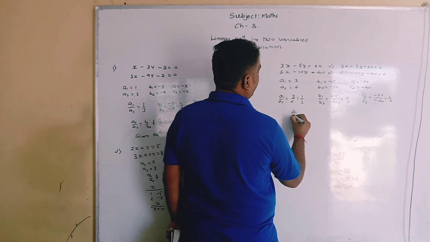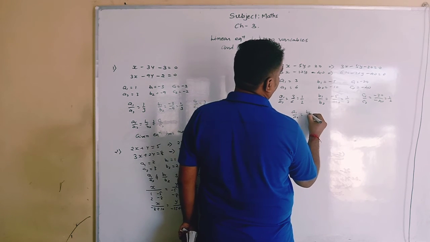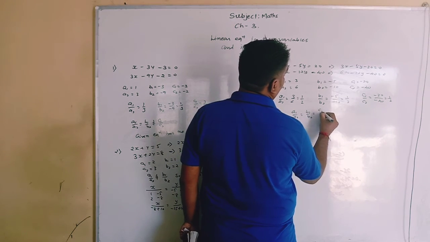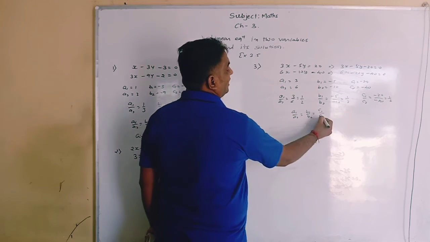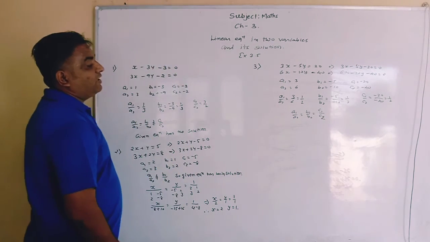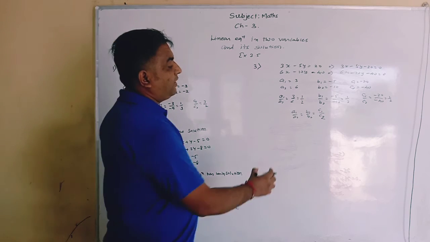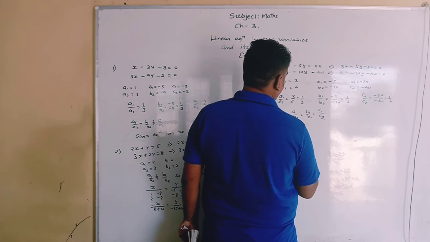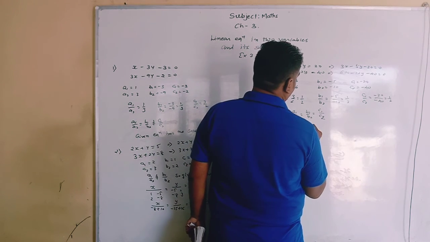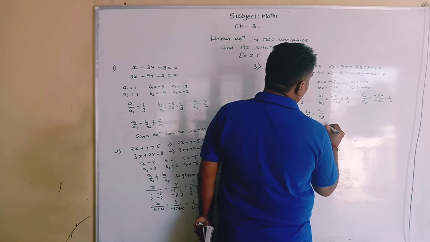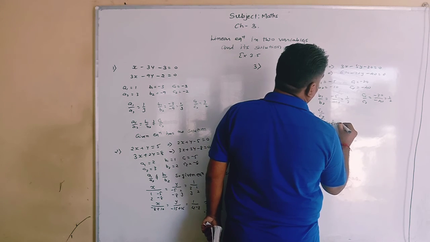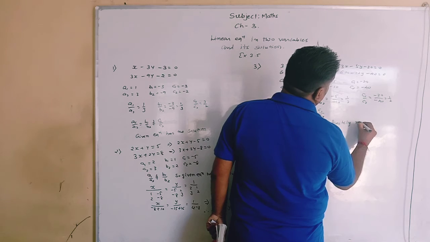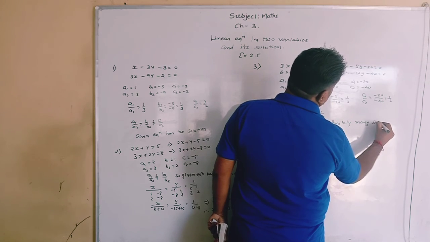Means a1 by a2 equals b1 by b2 equals c1 by c2, and so this condition shows that the given equations have infinitely many solutions. So we have to write: given equations have infinitely many solutions.